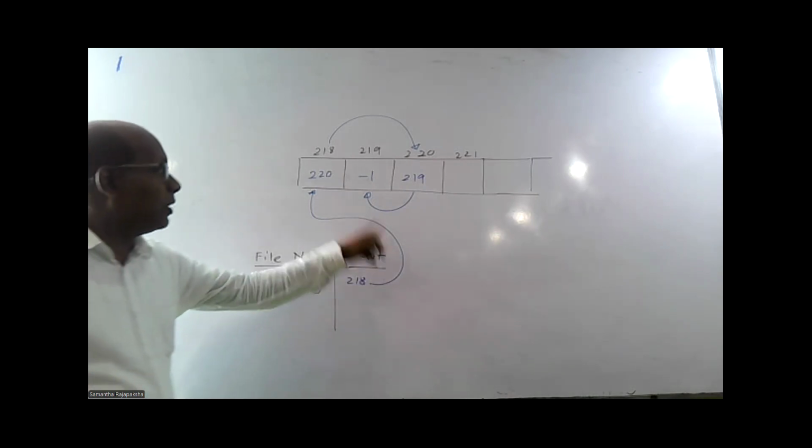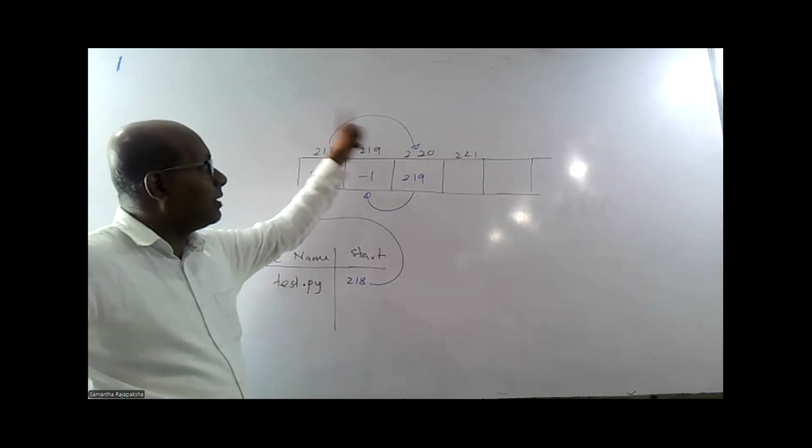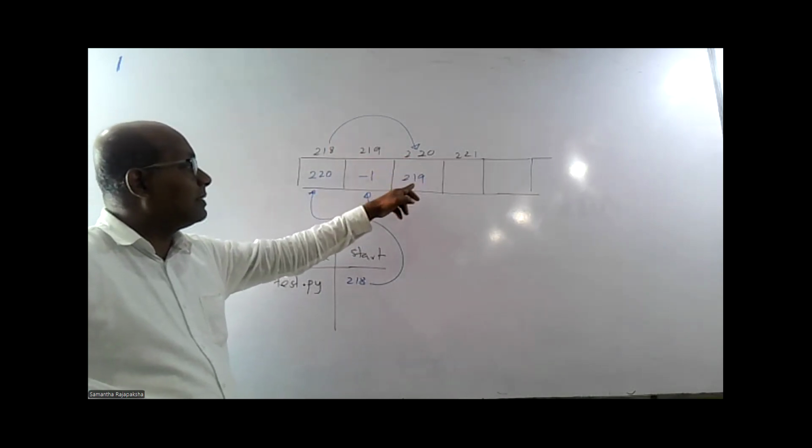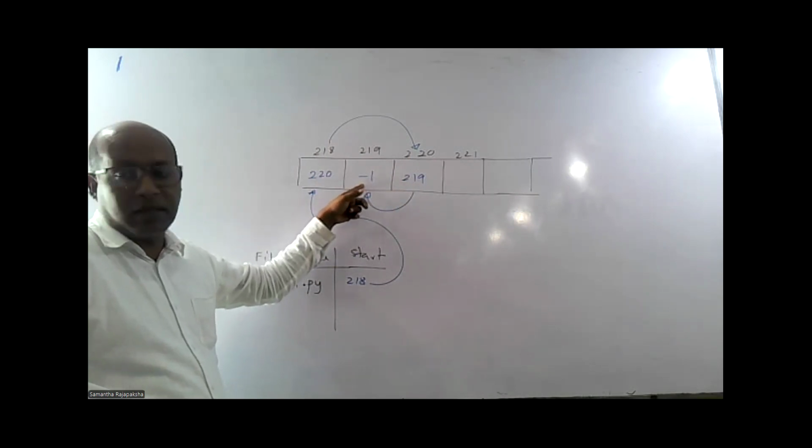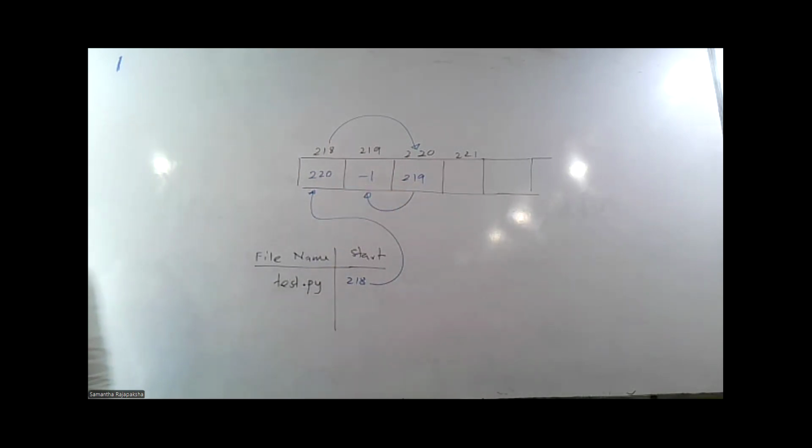When you go there, it says the second one is 220. Now it says 219 also. Now we have to add 219 and make it minus on the transfer. That is part 2. Is it clear? Okay, sir.